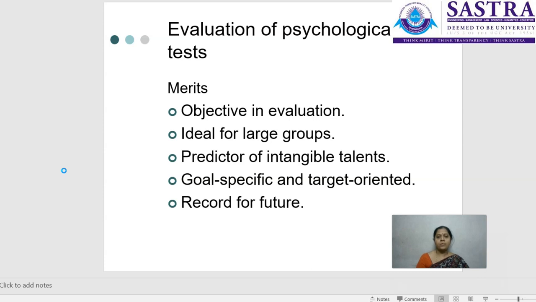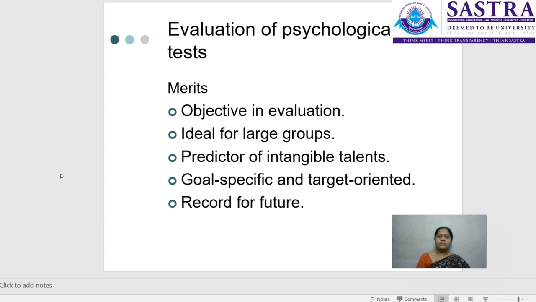The second one is that it is ideal for large groups. This is the inherent advantage of the selection test, because it can be simultaneously administered to a very large number of applicants.